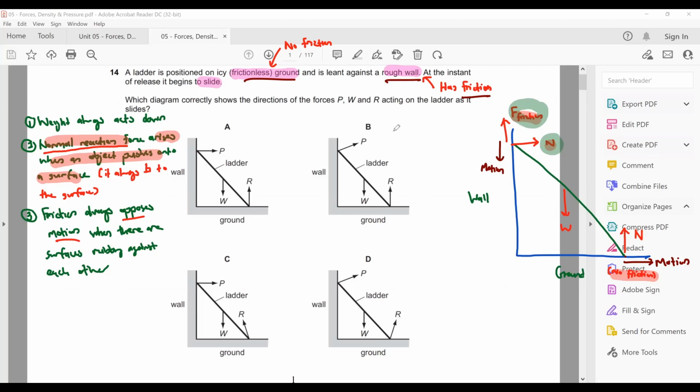All right, so back to what I was just asking you. If you look at the top left hand corner, the one near the wall here, I have a force of friction and I have a normal reaction force. You can actually combine those two forces into a single resultant force, right? That's what you learn in chapter 1. Whenever you have any vectors acting, you can often combine them into a single resultant vector.